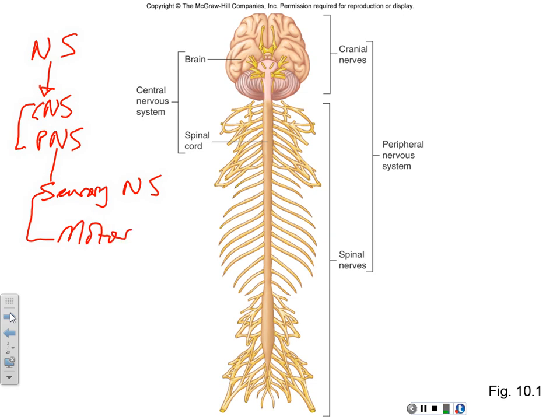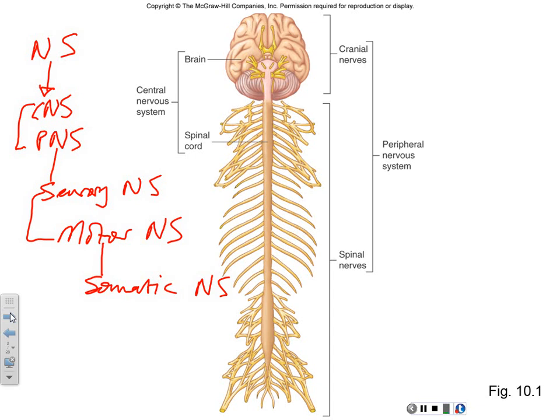So today we're going to talk about the organization of the nervous system, which itself is divided into the somatic. Somatic, remember we talked about how muscles arise from somites. So that's why the nervous system branch that controls muscles is called the somatic nervous system.